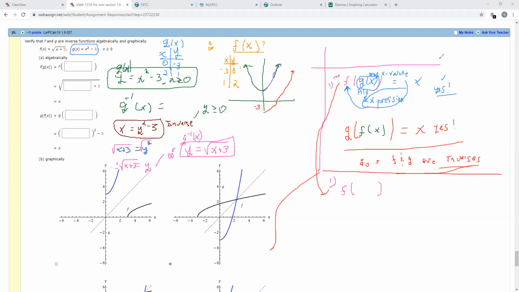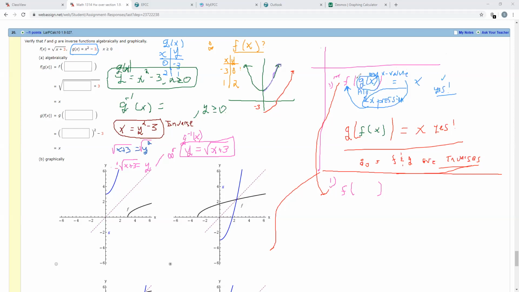Instead of doing it with one specific point, we're going to do it for any x value, which really means all x values in the domain of the first function you start with.